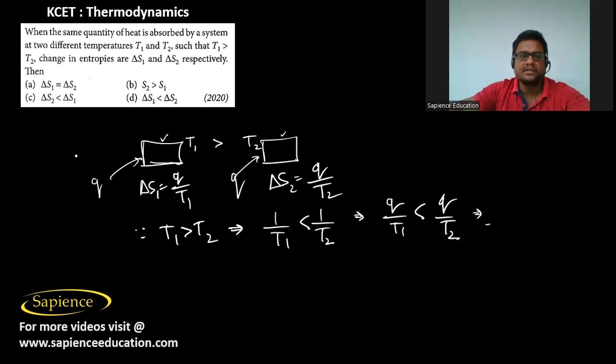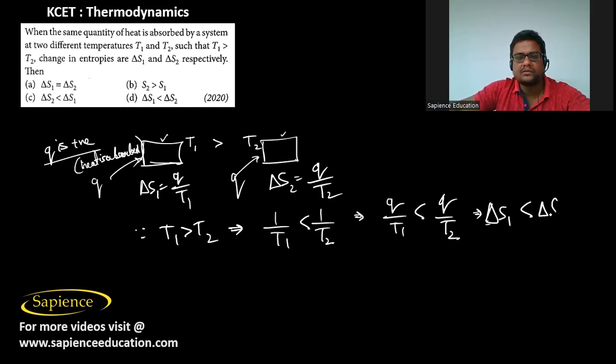And since heat is absorbed, Q is positive also. Therefore, delta S1 is less than delta S2, obviously.